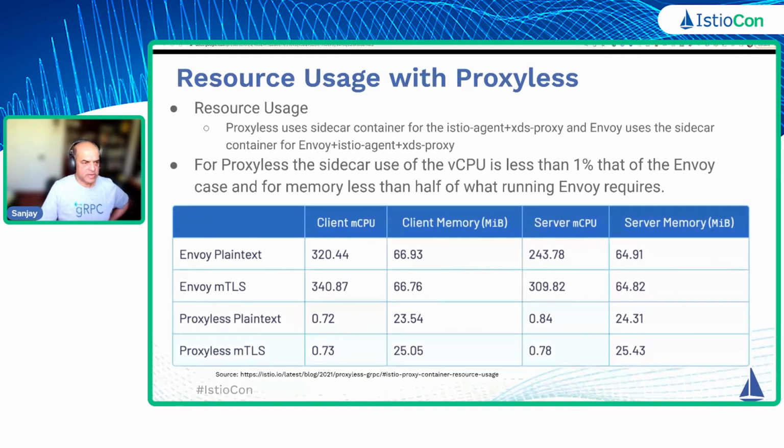Note that these metrics don't include the additional resource usage by gRPC in the application container, but all the same, the slide serves to demonstrate the resource usage impact of the Istio agent when running in this mode without the Envoy proxy.